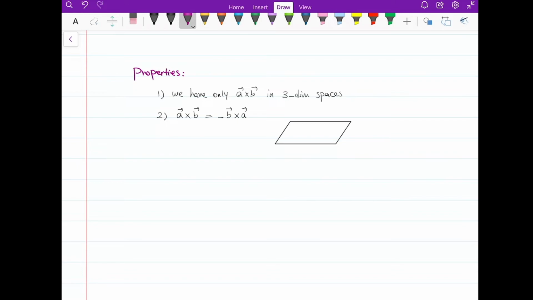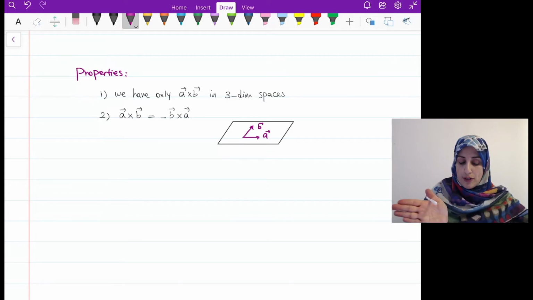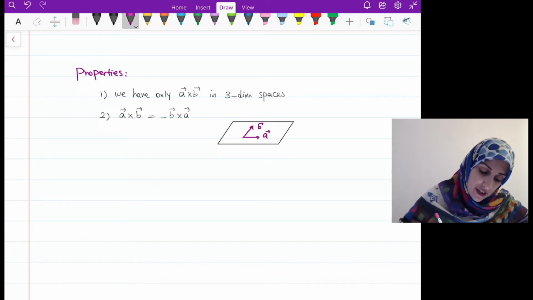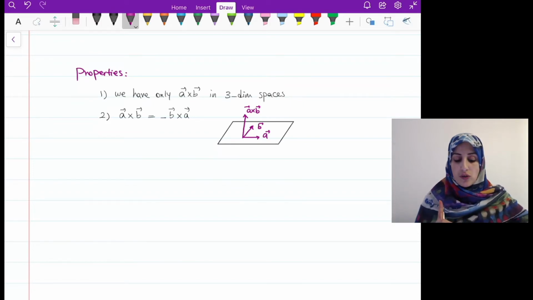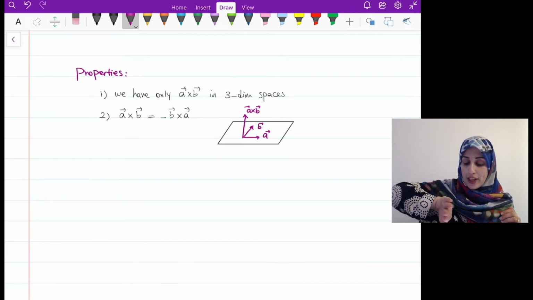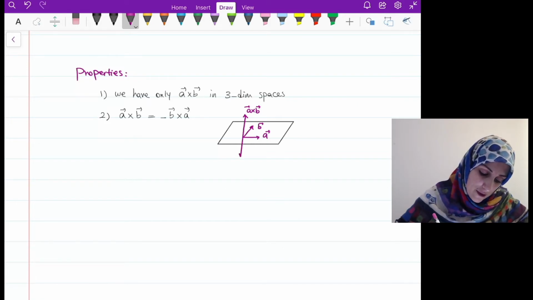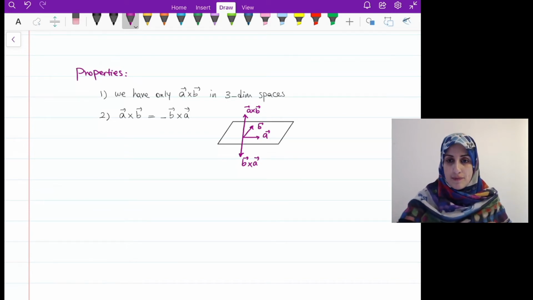So it's a plane that has A and B, and if I want A cross B, I put my fingers across A and then curl them in the direction of B, then A cross B would be here and going up. But for B cross A, putting fingers across B and then curling them in the direction of A, B cross A would be actually the negative of that, in the opposite direction.